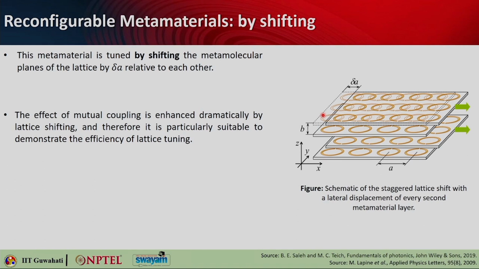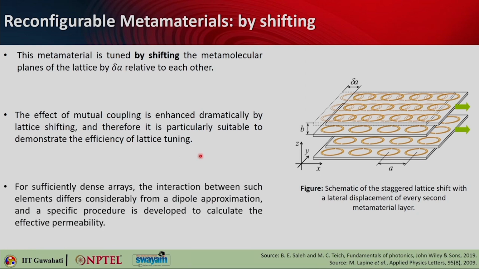When the lattice positions are shifted, the effect of mutual coupling is enhanced, and that enhances dramatically when you do the shift and bring them closer to each other in one way or the other. It can show you a very high efficiency lattice tuning.